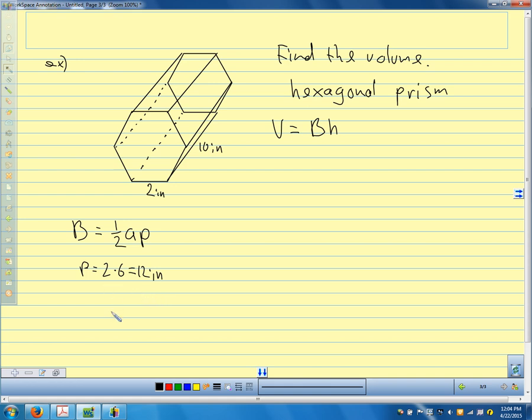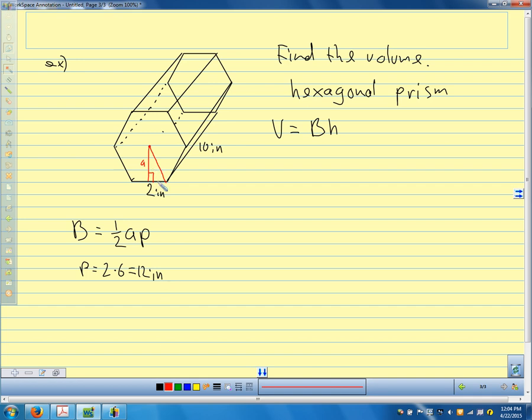Do we know the apothem? No? And let me erase these. And we'll draw the apothem in. There's my little triangle inside my hexagon. And what kind of triangle is this? 30, 60, 90.